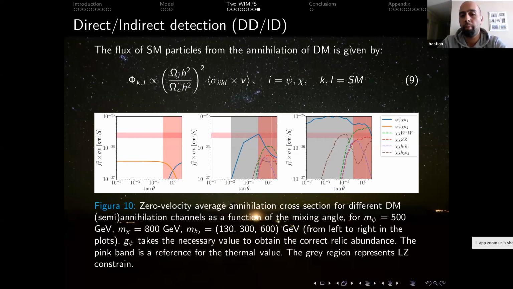The red band here is the collider bound on the mixing angle that normally appears in this type of Higgs portal. If you go to the second plot, in the middle, for lower masses of the second Higgs, you start to decrease the cross sections a little bit.